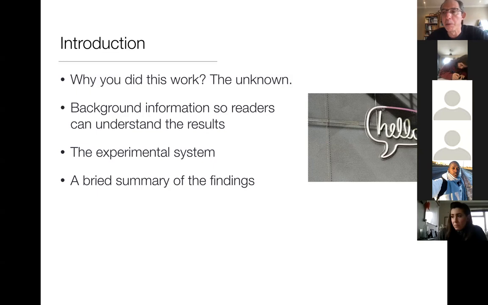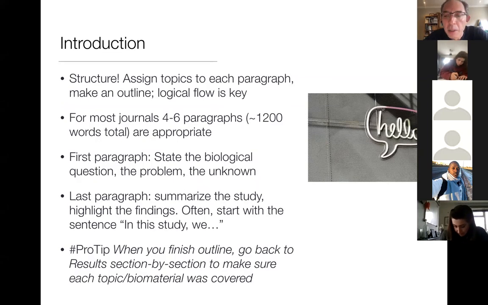It might be using, I don't know, biomaterial or proteins or mutants in those results that require some explanation. So this is where you explain them. Usually, this is also where you explain your experimental system. You might actually give some background on previous work that's been done here. And then you also finish the introduction with a brief summary of the findings. So this is the protocol to writing the introduction.